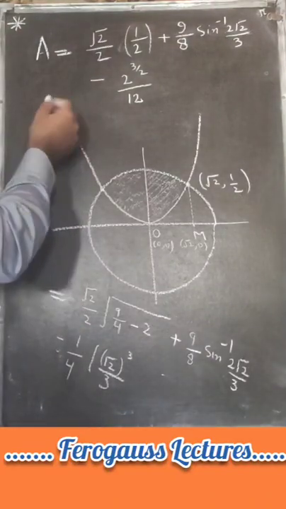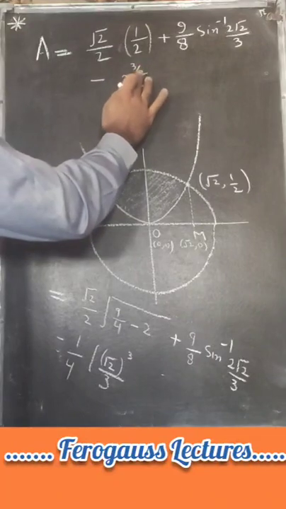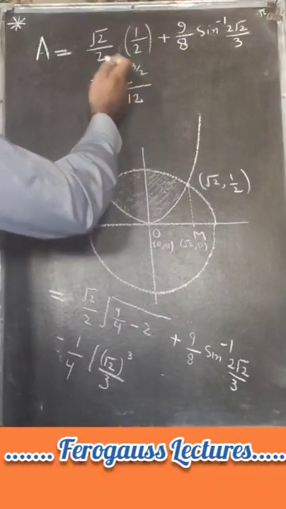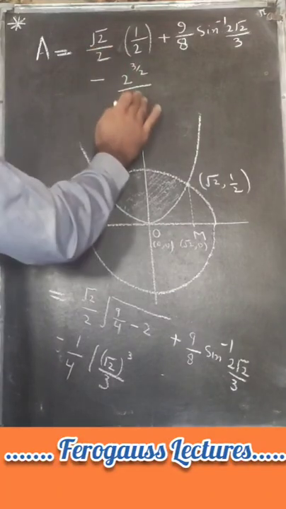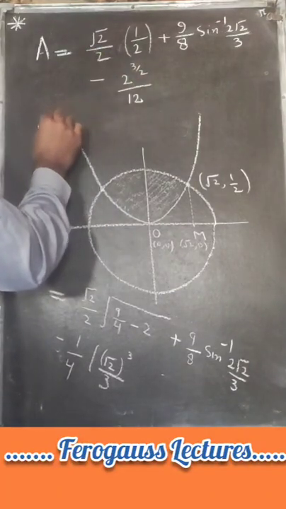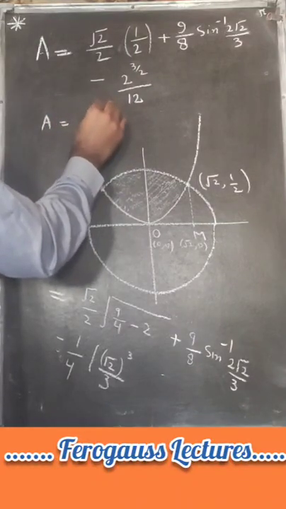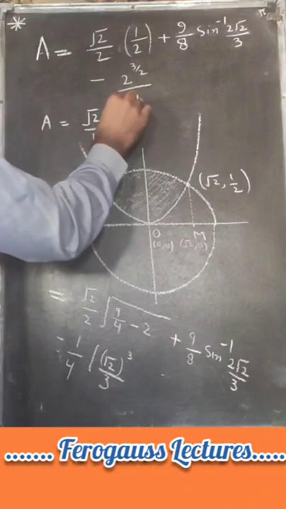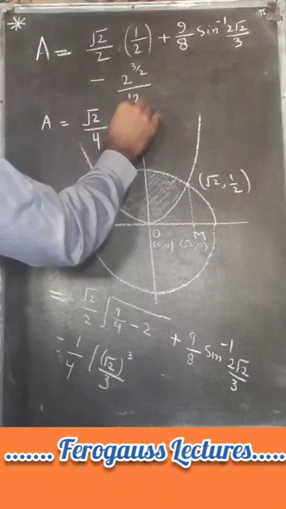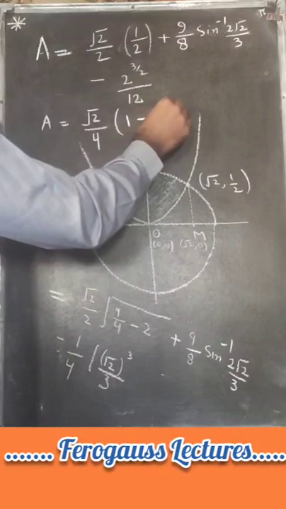Or we can write it as, we can take square root of 2 common from these two. So we can write A equal to square root of 2 divided by 4, take it common, then here we have 1 minus 2 by 3.